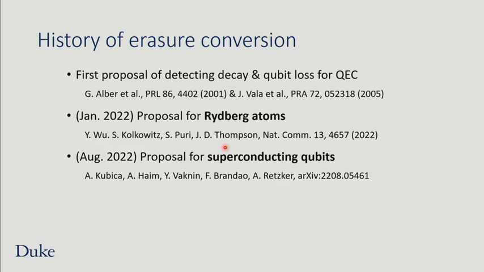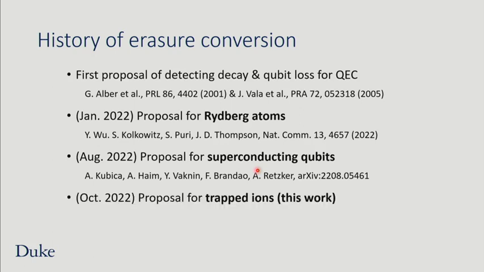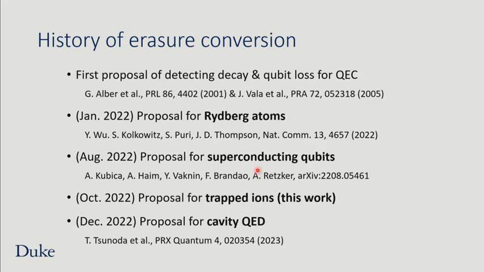Then in August, we had the proposal for superconducting qubits, as we'll hear from the next talk. In October, I submitted this to arXiv. And then in December, we had the proposal for cavity QED systems, which we heard about on Tuesday. So things are moving very fast, and even faster when it comes to experimentally realizing it.